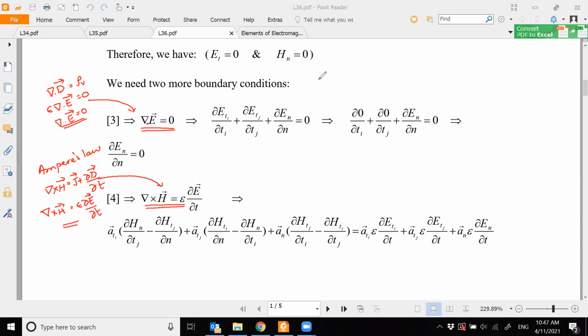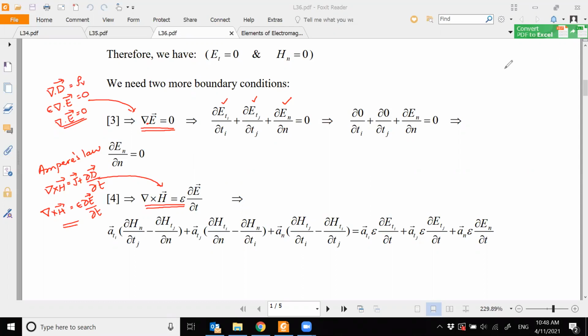Now let's continue. So del dot E bar is equal to 0. Now if I open this del dot E bar, you see here, guys, I'm writing 2 tangential components and 1 normal component, which is typically the case.